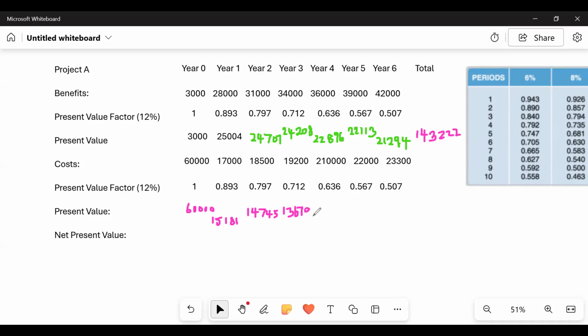Then after 4 years' time, when you multiply 21,000 by 0.636, you will get 13,356. 22,000 multiplied by 0.567, you will get 12,000.